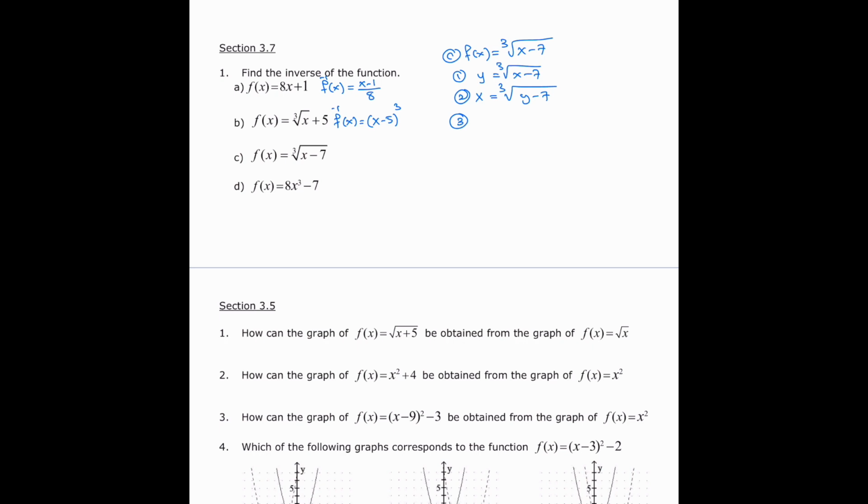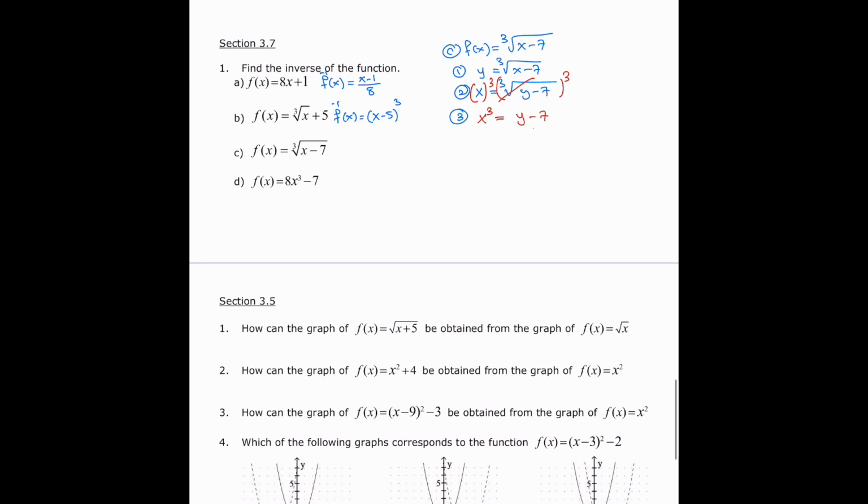So now we need to remove the cube root, so we're going to cube both sides. These will cancel, and we will have x cubed equals y minus 7. Now we're going to solve for y, so we're going to add 7 to both sides of the equation.